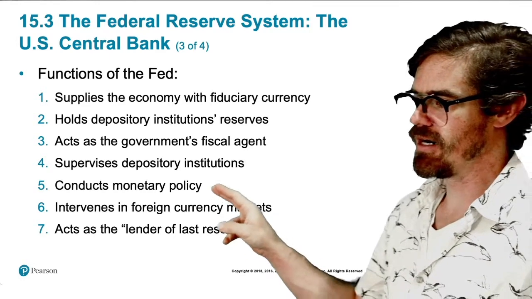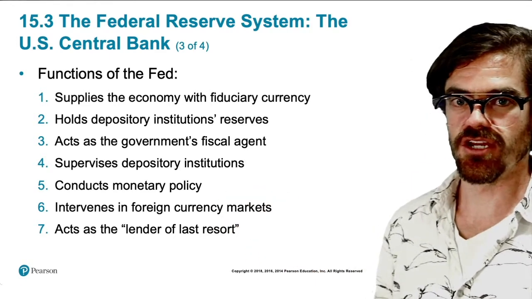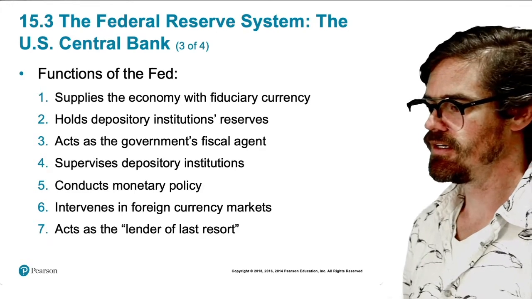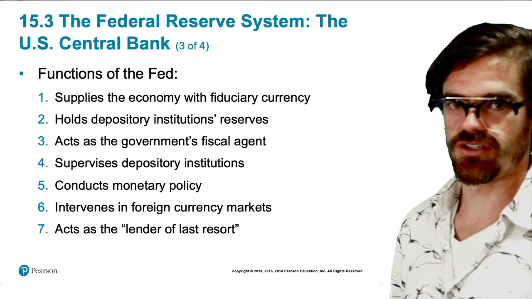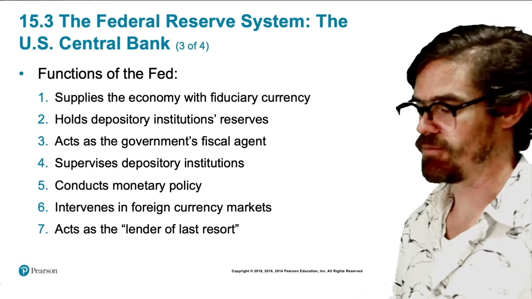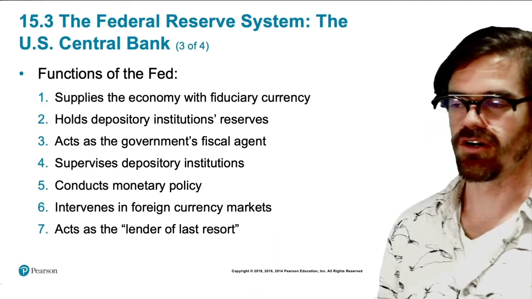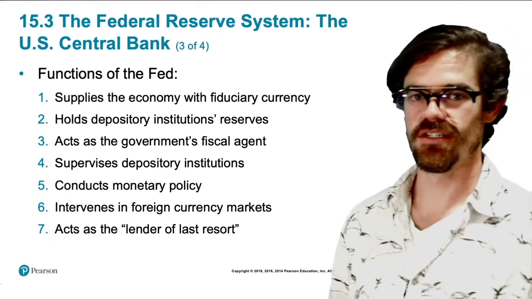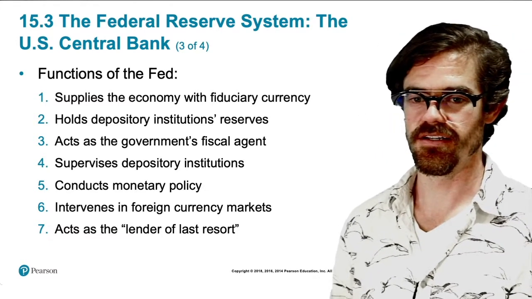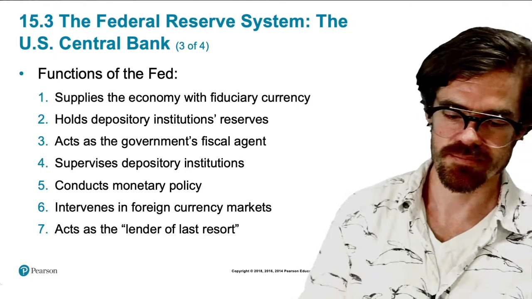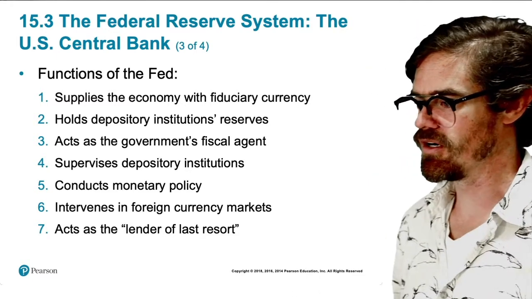It conducts monetary policy, which is another one of its major functions, and we'll talk about that in detail in the next chapter. It also intervenes in foreign currency markets, which is interesting. It gets in there and can, to some degree, manipulate foreign currency markets.